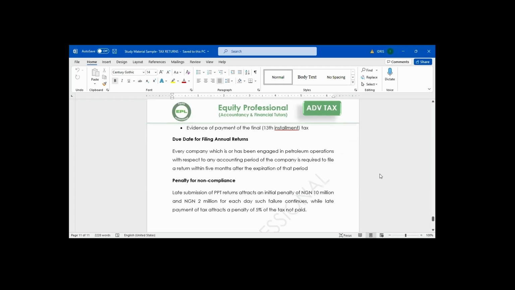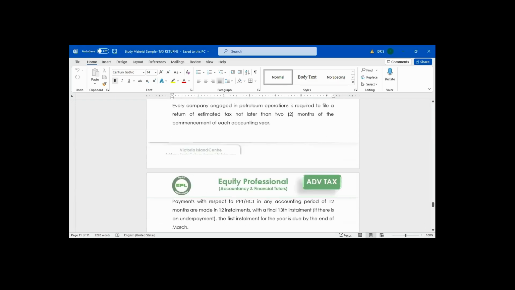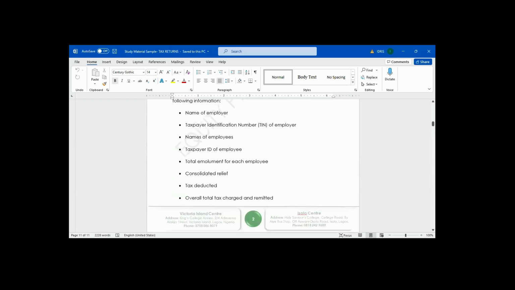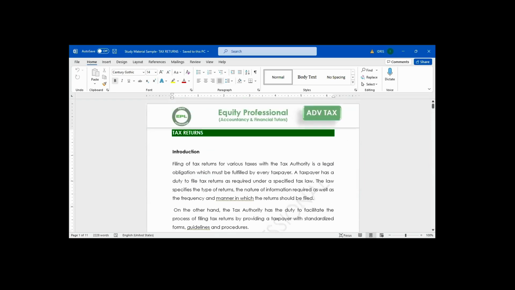So this is the information on petroleum profit tax return. This is all we have on tax return.